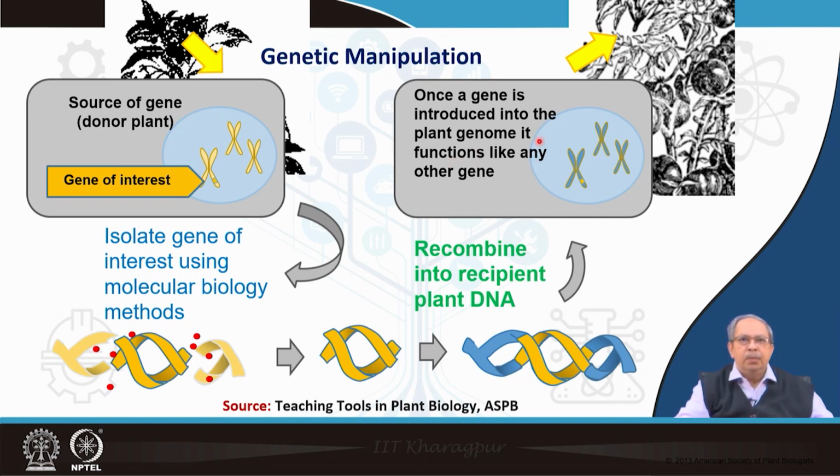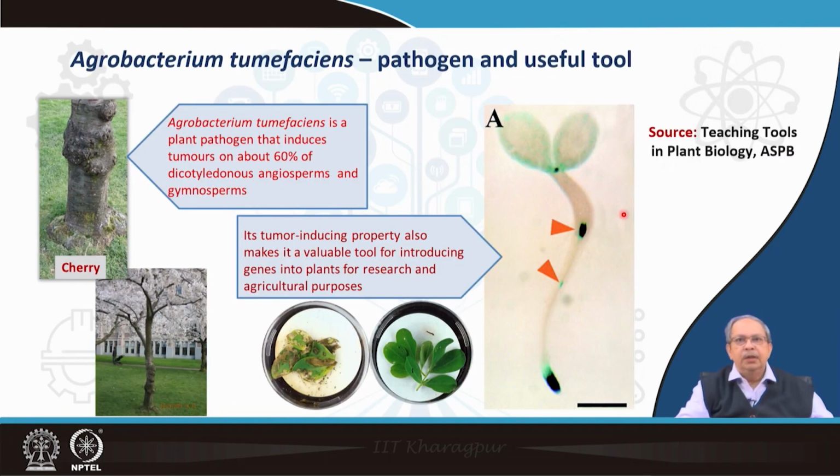You see the gene of interest denoted here in the middle, and that is processed using a proper vector and then transferred into the target plant, where this gene is integrated within the nuclear genome. If it is integrated there, then it is expected to function properly.